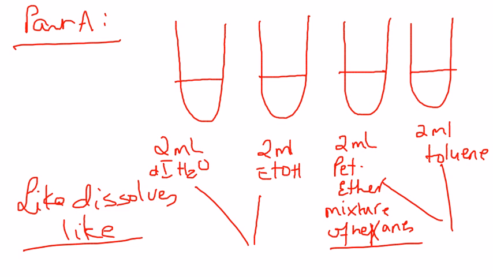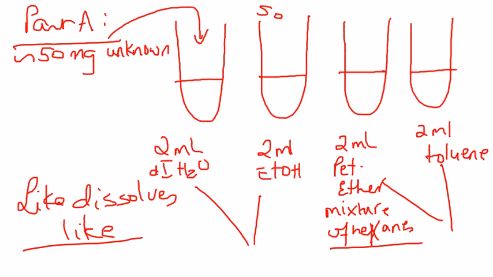All right, you're going to weigh approximately 50 milligrams of your unknown in 4 different lots. You're going to put 50 milligrams of the unknown in the water test tube. You're going to make another measurement, put that in ethanol, make another measurement, put that in pet ether, and the last one in the toluene test tube.